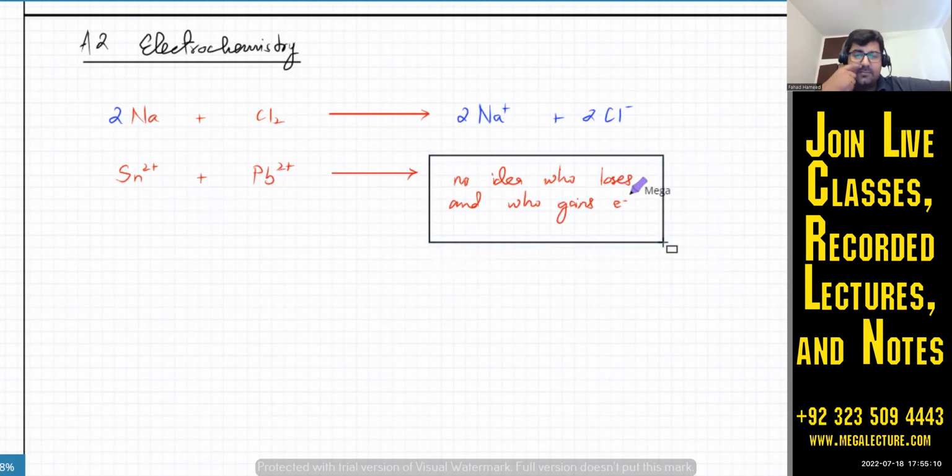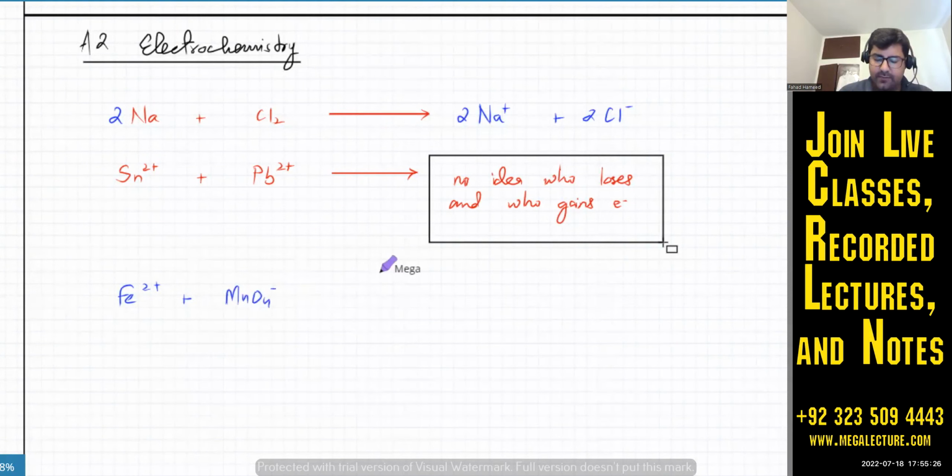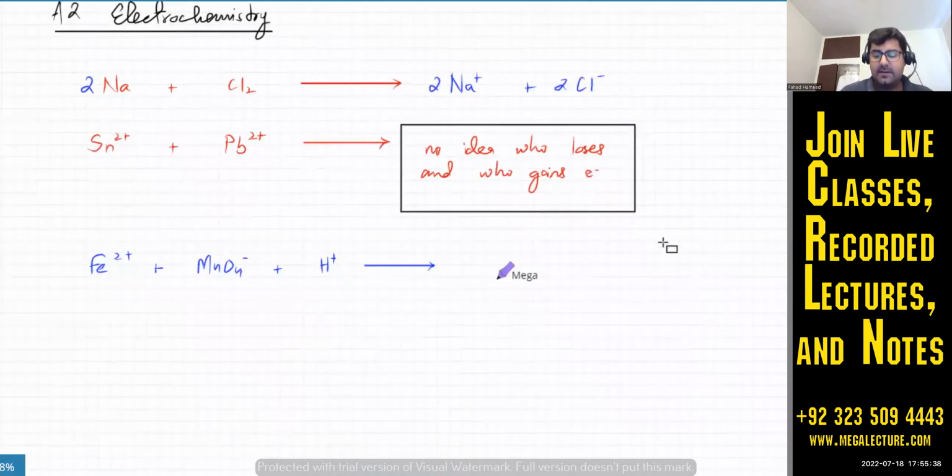We're going to build a system. Now if I put two species together, so if I tell you, okay, there's Fe2+ and there's MnO4-, at the end of this chapter you will exactly learn what will happen in this reaction. You will make the equation yourself. You don't need any help from outside. Once you're done with the chapter, you'll know Fe2+ loses 1 electron, turns to Fe3+.